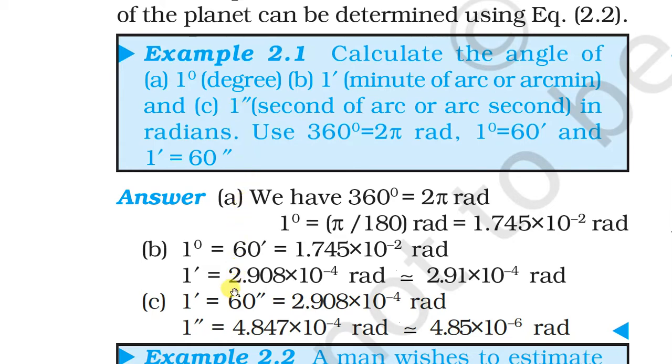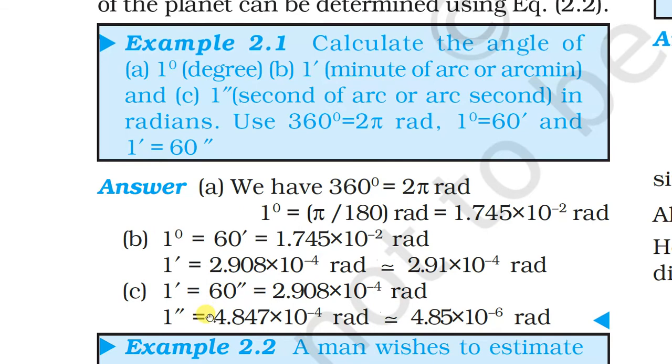Now we need to determine the value of 1 second in radians. 1 minute is equal to 60 seconds. The symbol on top, which looks like a zero, denotes a degree; one dash denotes a minute; and two dashes denote seconds. So 60 seconds is equal to 2.908 into 10 raised to minus 4 radian.